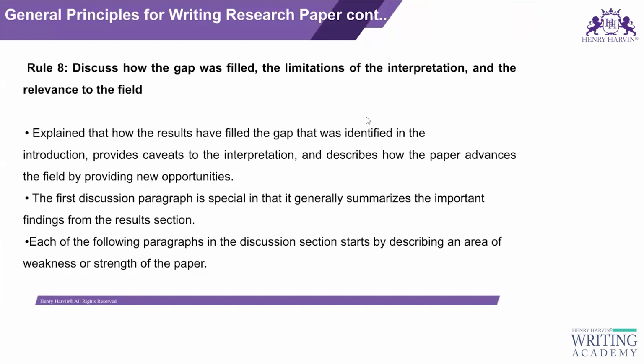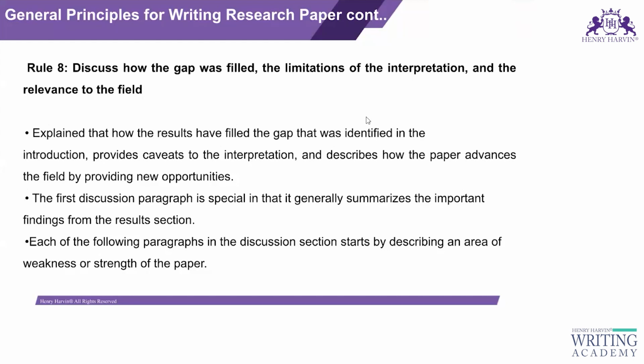Okay, so the same you have to write here. First, the interpretation of the findings which are obtained from the study. Then how that paper advances the field by providing new opportunities, or what this paper adds to the scientific literature or to medical science.